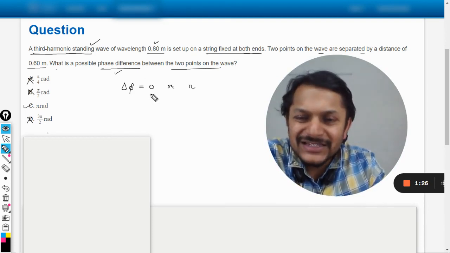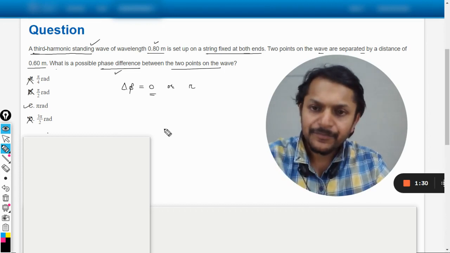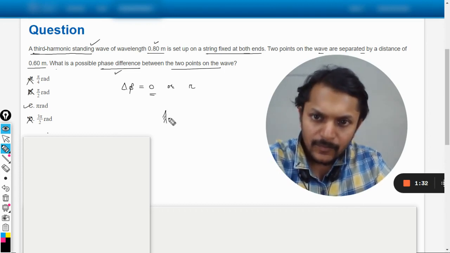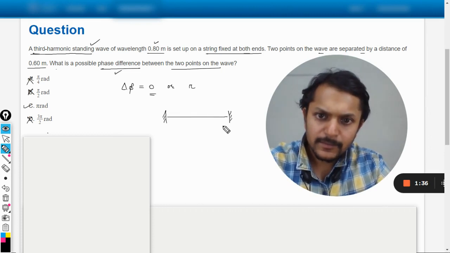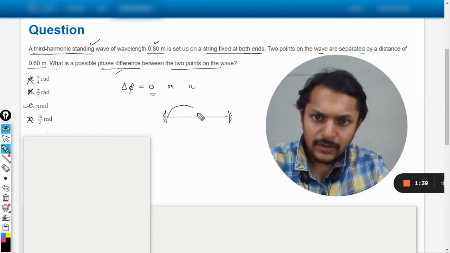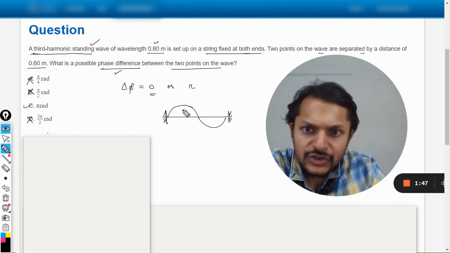You see, 0 is the phase difference between two points which belong to the same segment. Like this. Okay, and let us say this is the node and this becomes the other. Now let us say I'm talking about this point P and this point Q. So you see, P is going up, so Q is coming down.